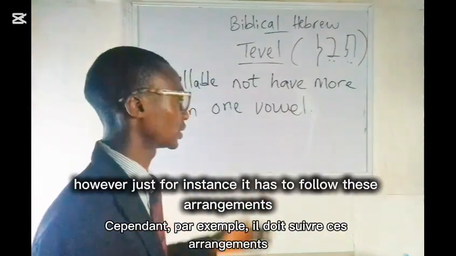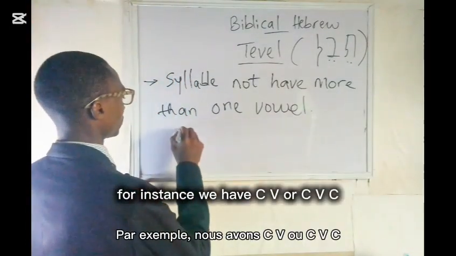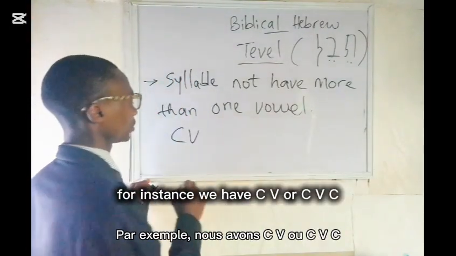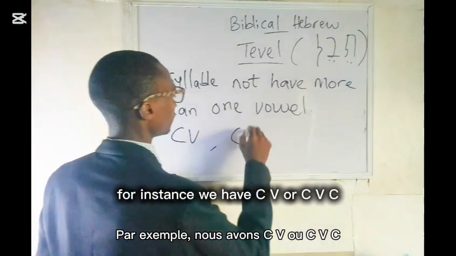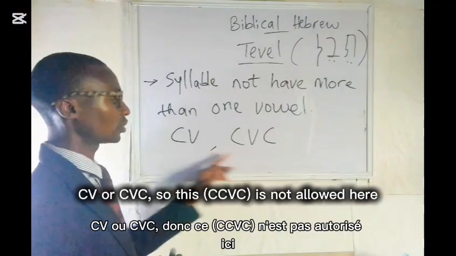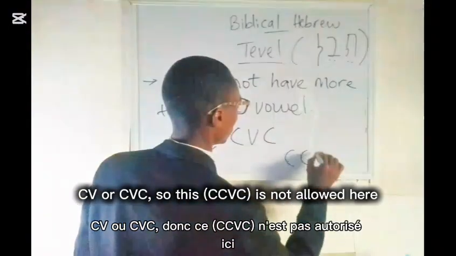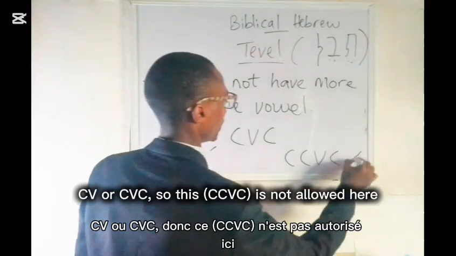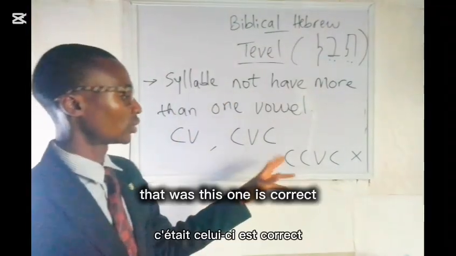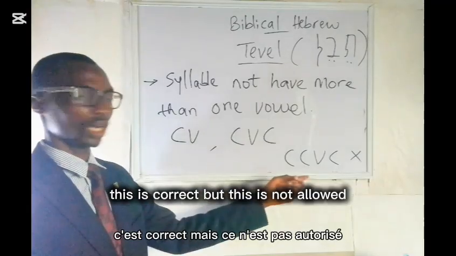However, it has to follow this arrangement. For instance, we have C, V, or C, V, C. CV or CVC. So this is not allowed here. In other words, this one is correct, this is correct, but this is not allowed.